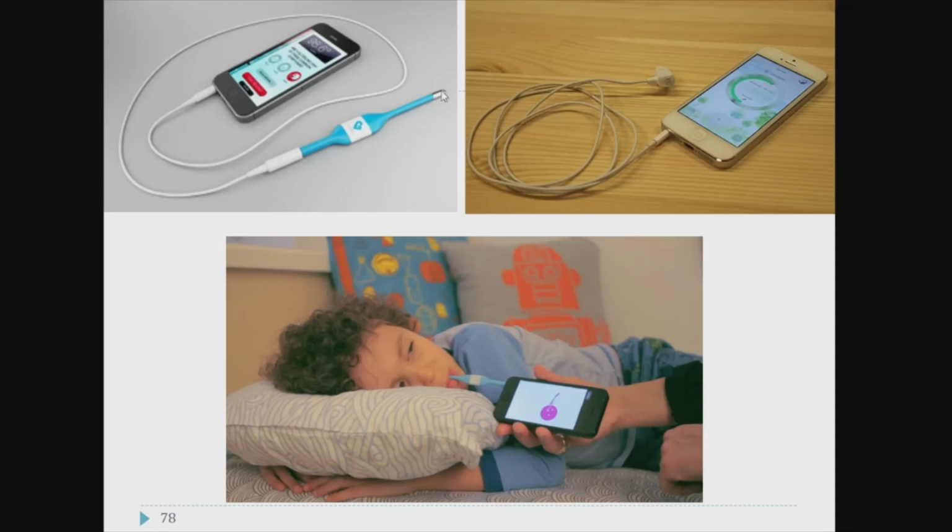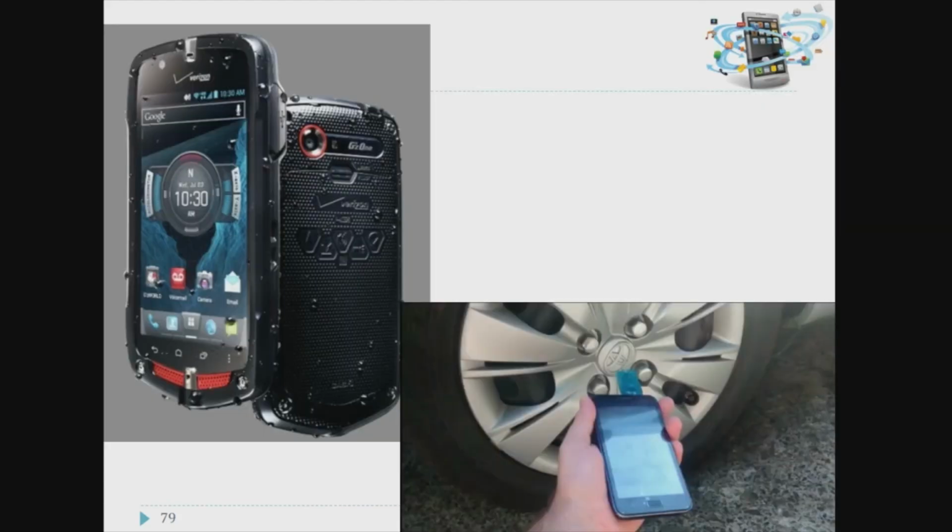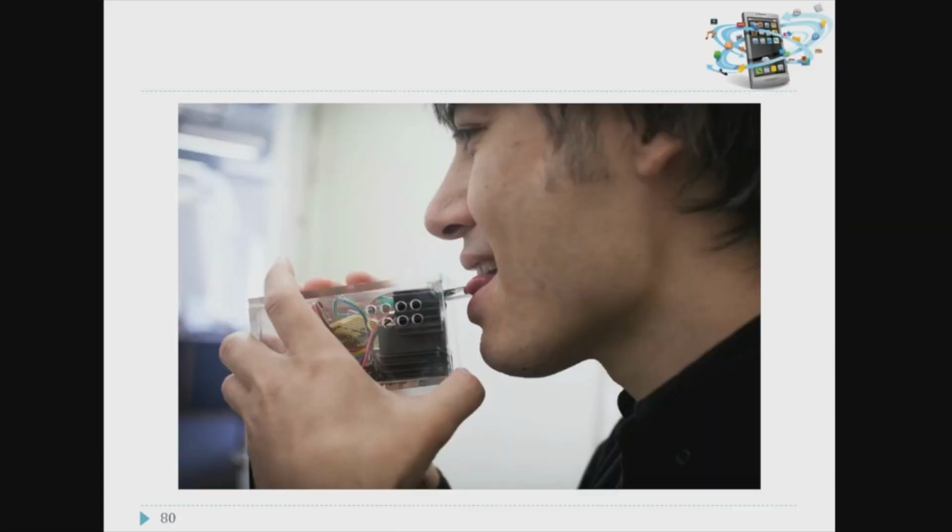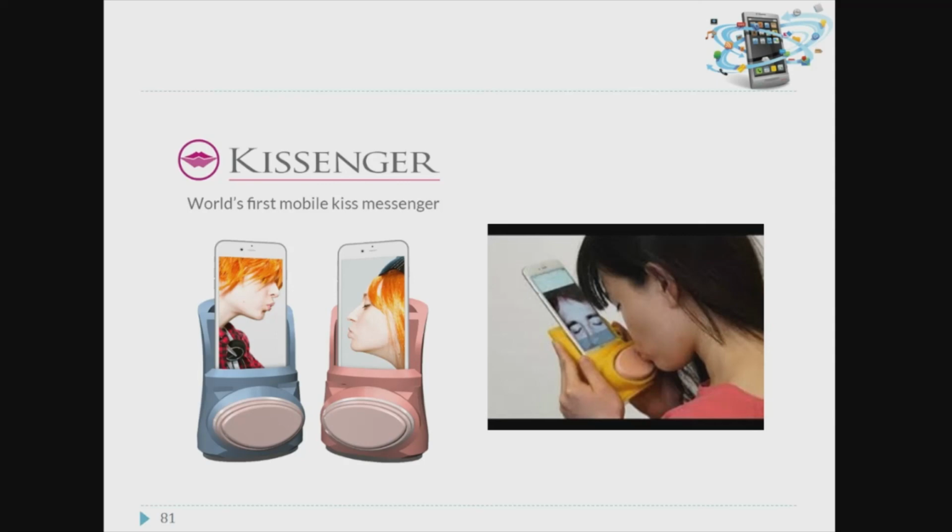Okay, this one is a physical sensor. It can attach to the phone. Okay, another example here, this one is also a sensor. It can interact.